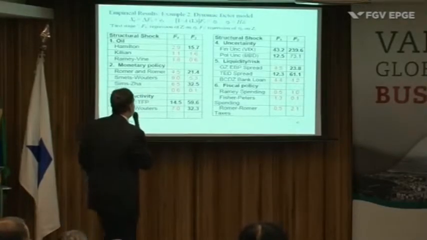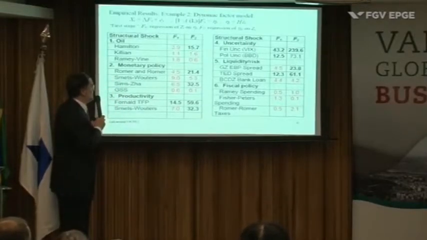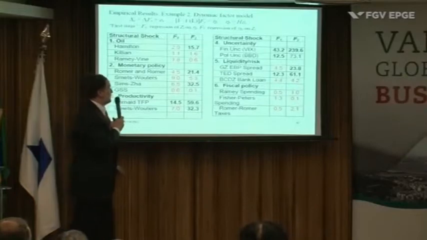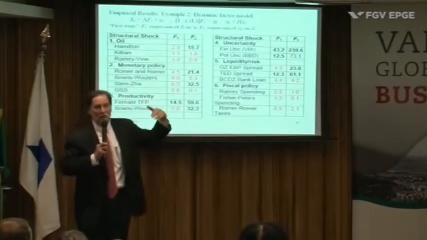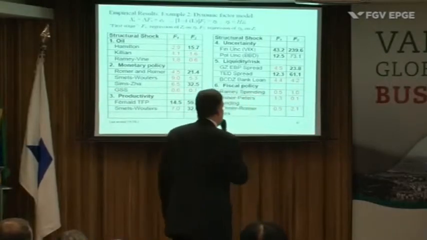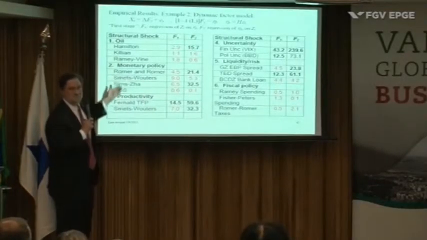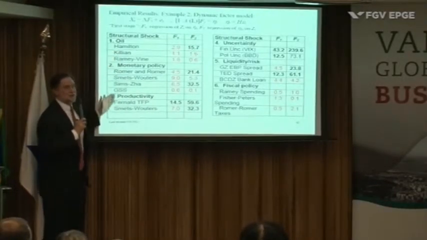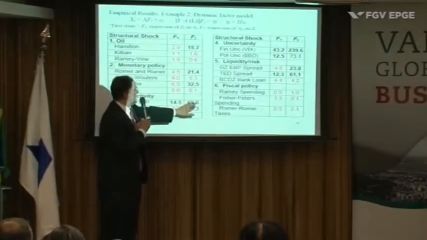Now here, this is from this empirical paper that Jim and I wrote that led us to start thinking about this. Remember, what we were trying to do is find what were the important shocks that caused the recession that we just went through in the United States. We were using a lot of external instruments. So here's this F statistic.